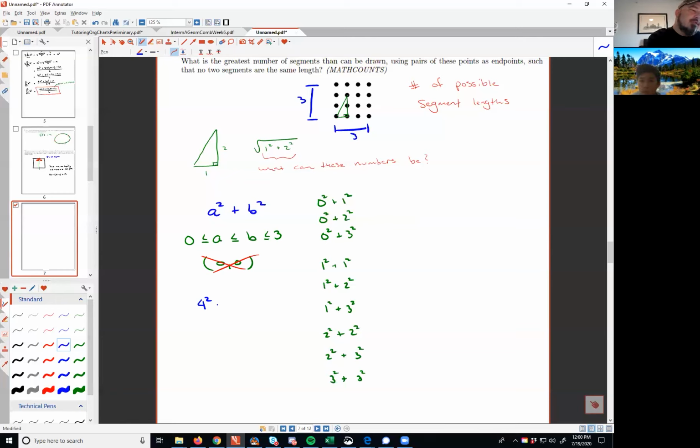Subtract off the ones where they're the same, divide by 2, add back the ones where they're the same, and then subtract 1 because 0, 0 is disallowed. And we get 9 as the answer.